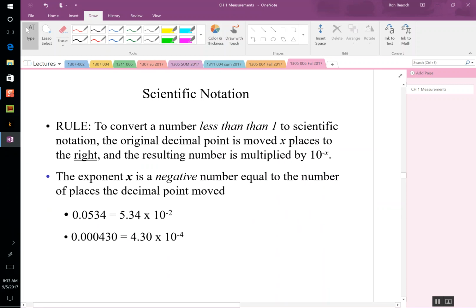And then if the number is less than 1, we're going to move the decimal place to the right to make a number that's between 1 and 10. But now the exponent is going to be negative. Let's just do an easy one here.